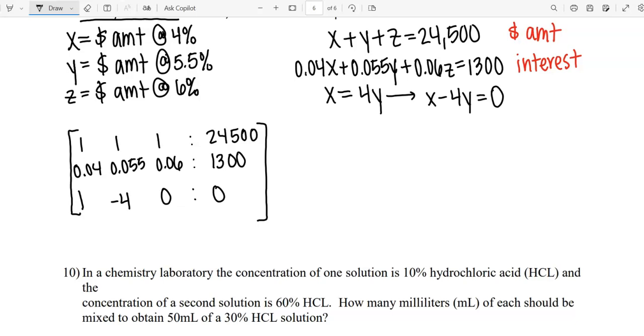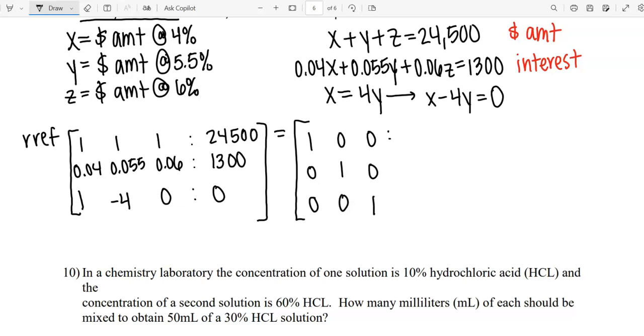What are we doing with that? RREF equals. Solution matrix should start with this. And then we will see what we get as a solution. Go ahead and try it. We'll see what we get. Your last column, you should have 8,000, 2,000, 14,500.